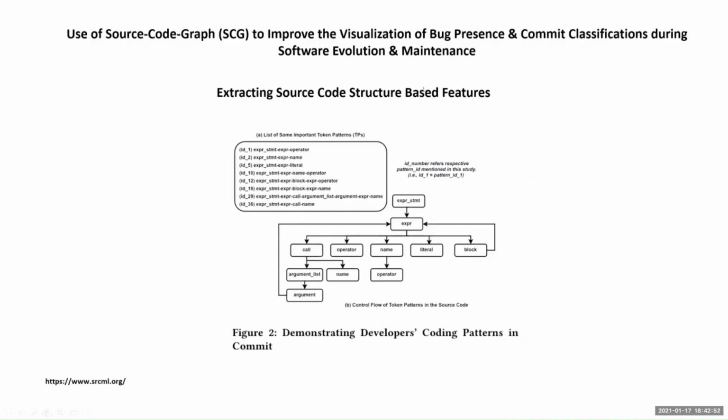To do so, first I want to explain how a source code could be represented as a graph. Here, let's consider a software developer writing a statement in a programming language, either C or C++.